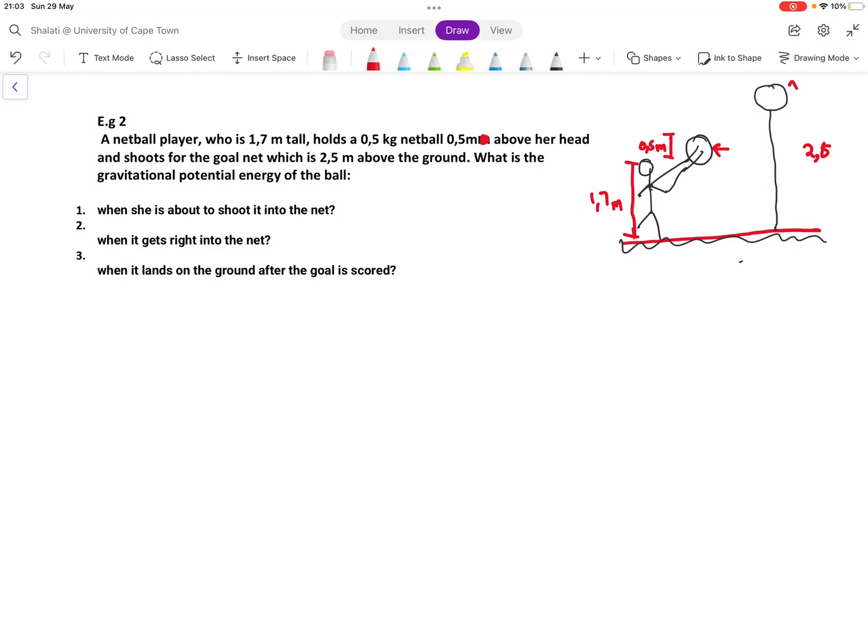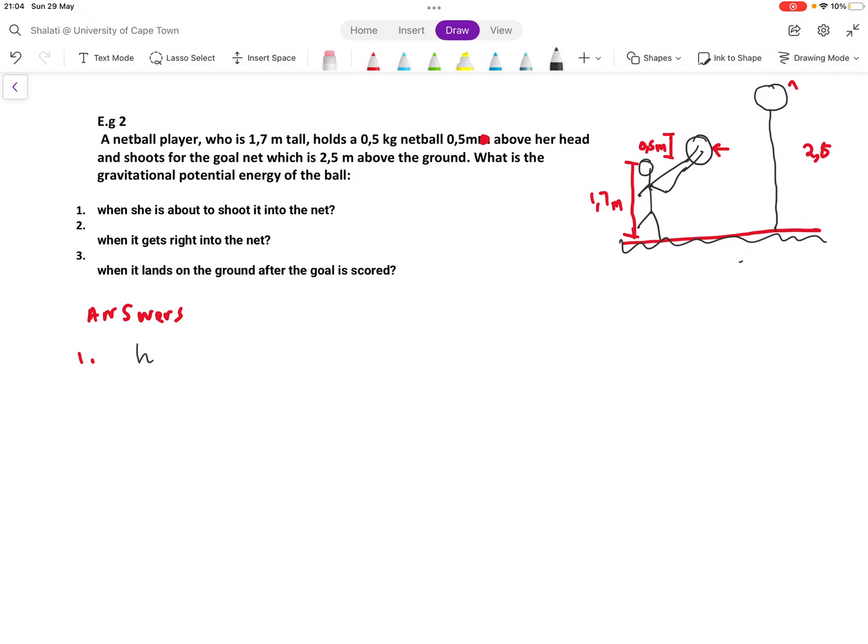Remember, the girl is already 1.7 meters tall. Then there's another 0.5 meters above her head where the ball is at the moment. So we can calculate the total height of the ball. Okay, so answers. Number one, when she's about to shoot, let me first write the information that's given.